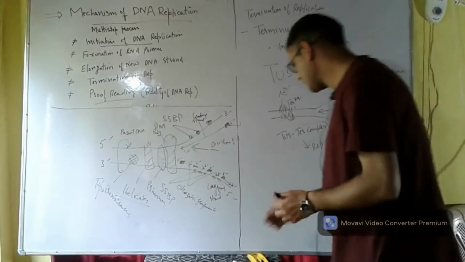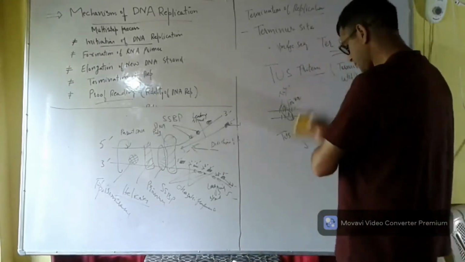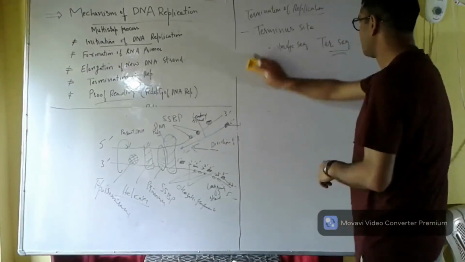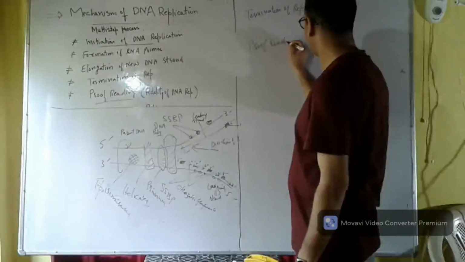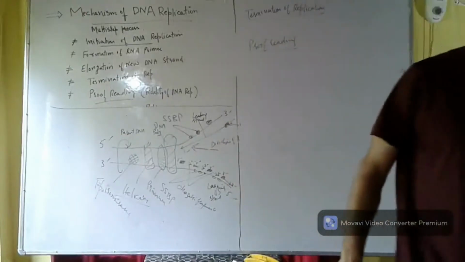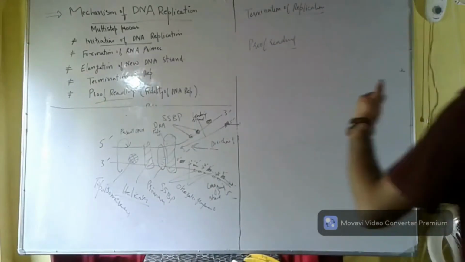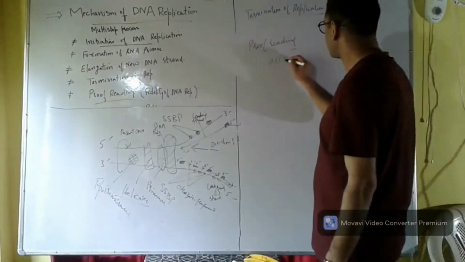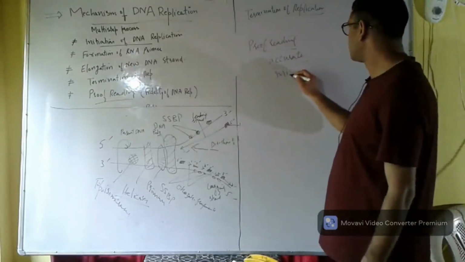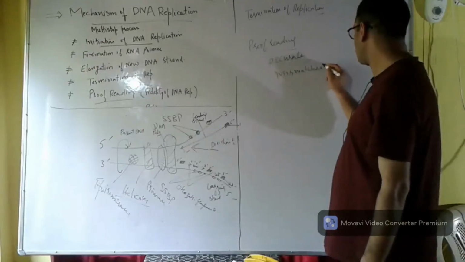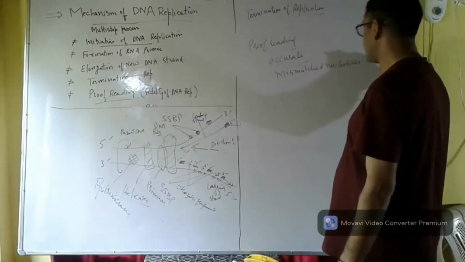Then we have another process, that is called proofreading. Although DNA replication is accurate, sometimes mismatched nucleotides occur erroneously.